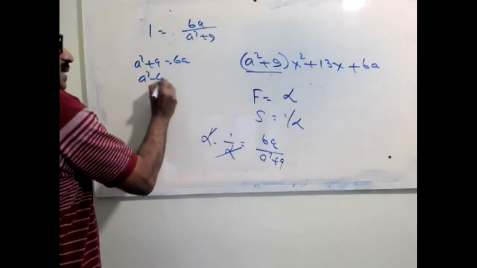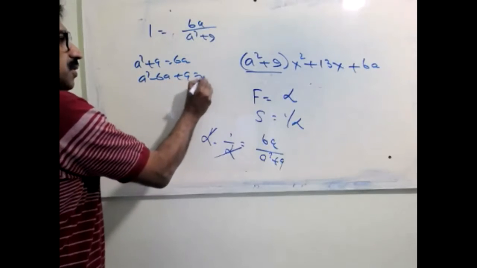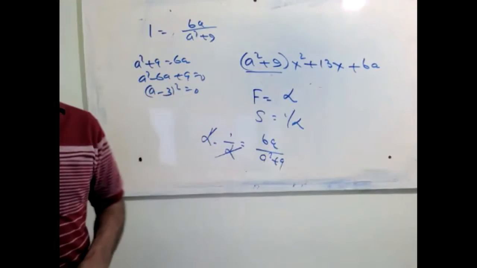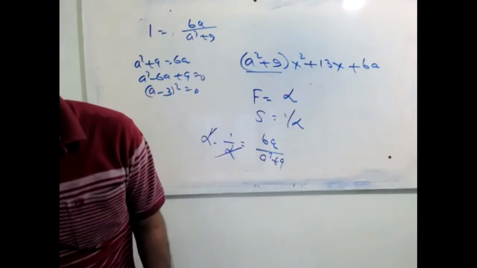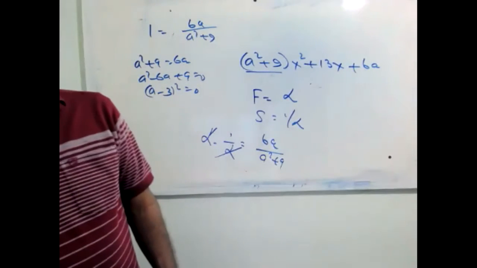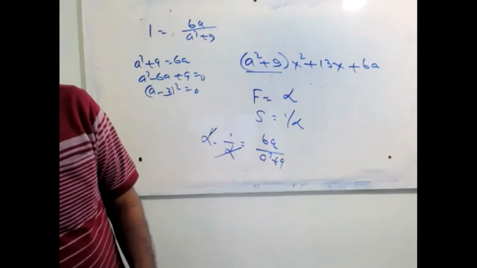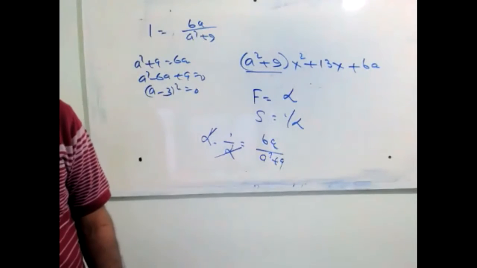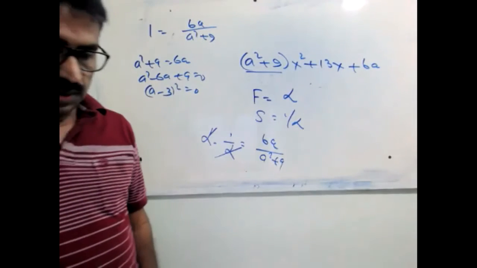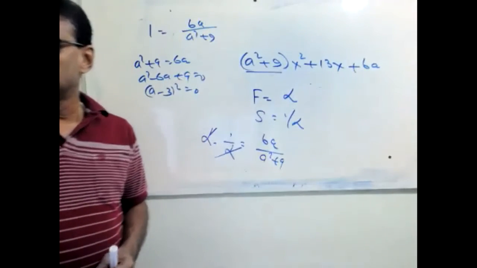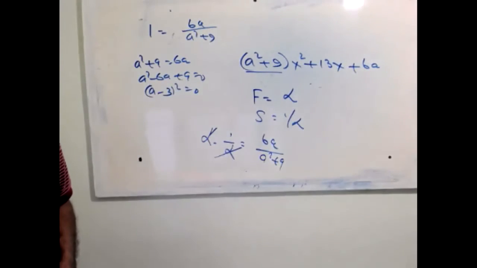A square minus 6a plus 9 equals 0. That is (a minus 3) whole square equals 0. So a equals 3. Clear or not? Is it okay?